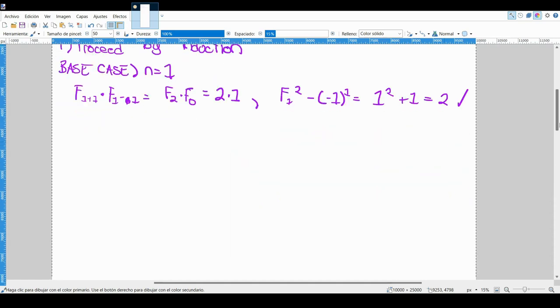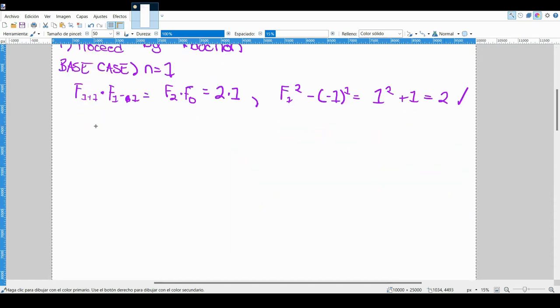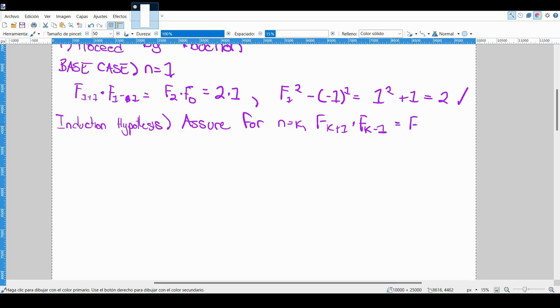Next, we must proceed to our induction hypothesis, which we will just write down here. We will assume for n equals k that this holds: fk plus 1 times fk minus 1 equals fk squared minus negative 1 to the power of k.